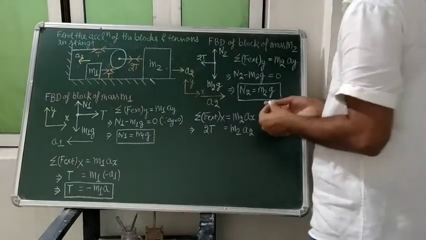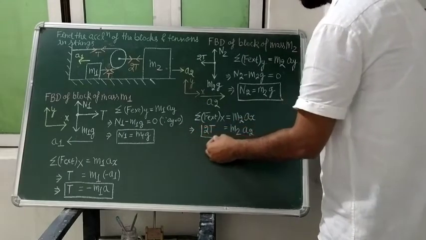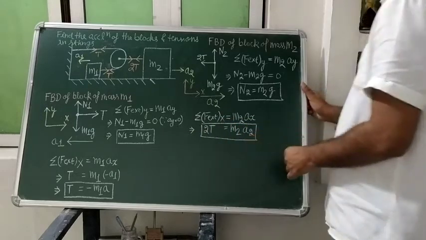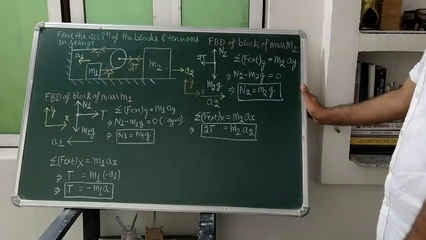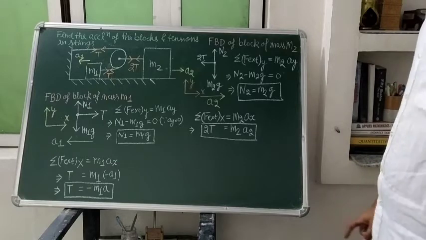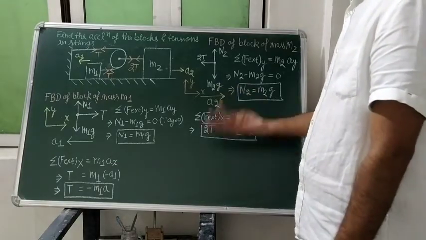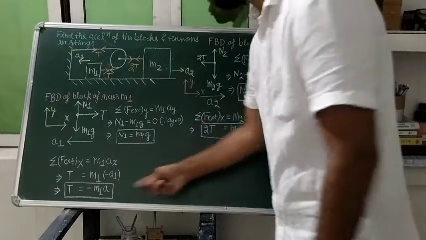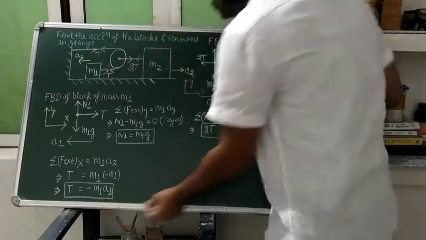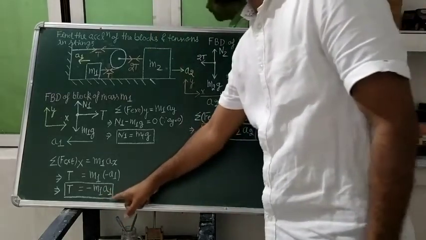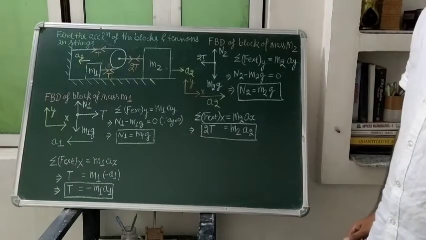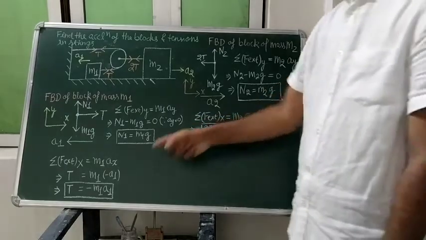So the FBD of the second block, or you can say the block of mass m2, is going to give you this relation. And of course when you look here, there are three unknowns: tension T, a1 and a2.